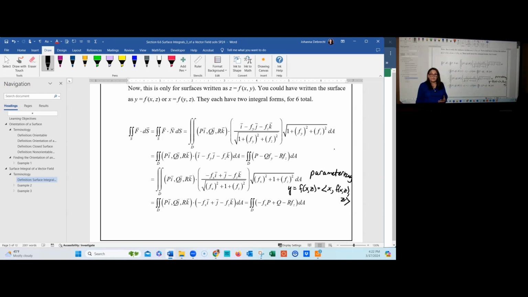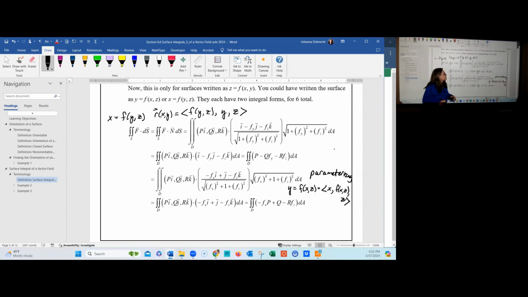You could also have parameterized it in terms of x. If you'd parameterized it in terms of x, you would have gotten the first two lines where x is a function of y and z. Then your parameterization, r of y and z, could be given by f of y and z, comma, y, comma, z.